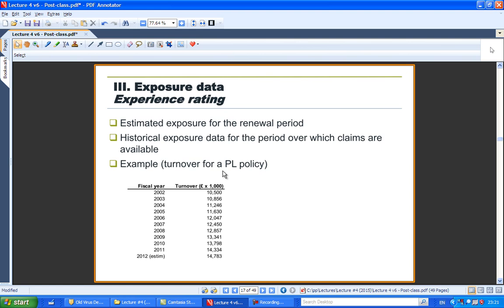We have spoken about how to calculate earned exposure, etc. But if at this stage it's not clear to you completely what exposure is, I invite you to read quite carefully section 8.3. Let me see if this appears.